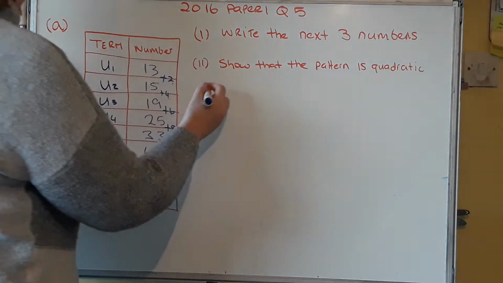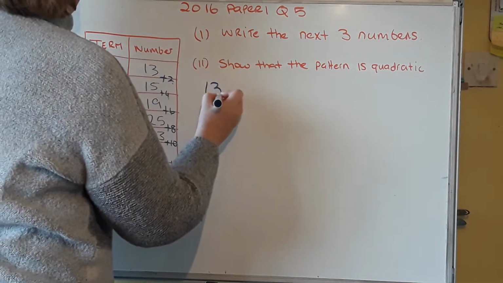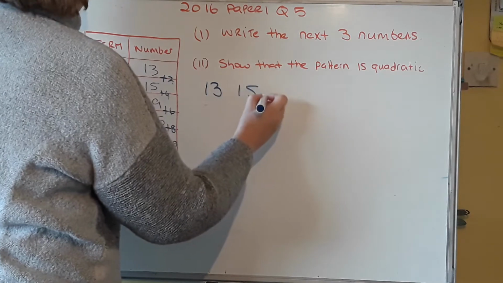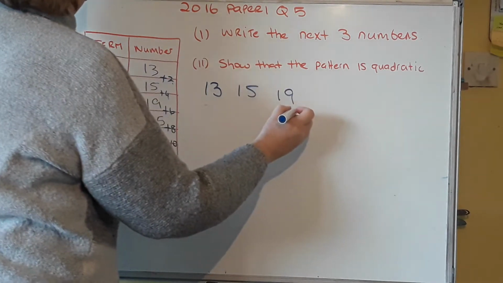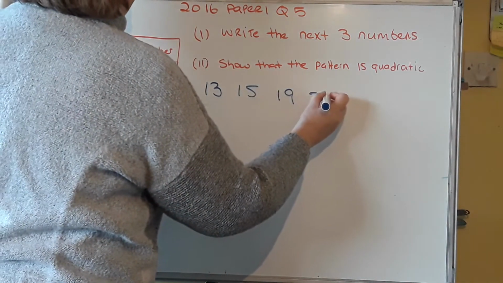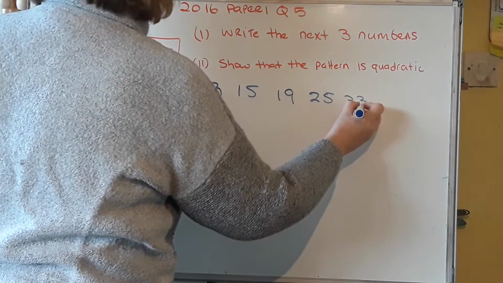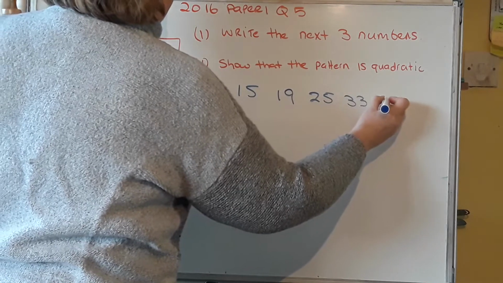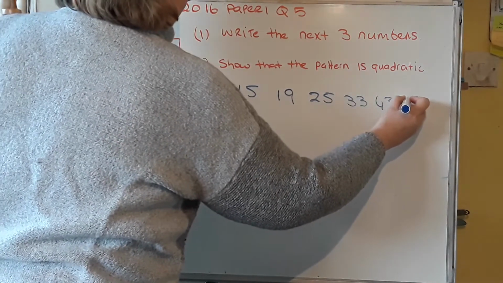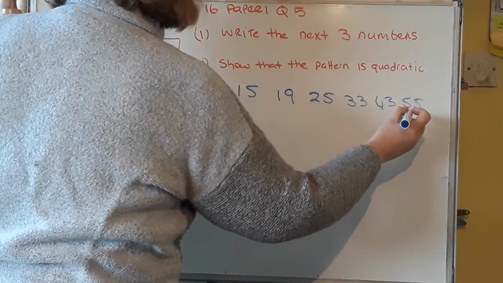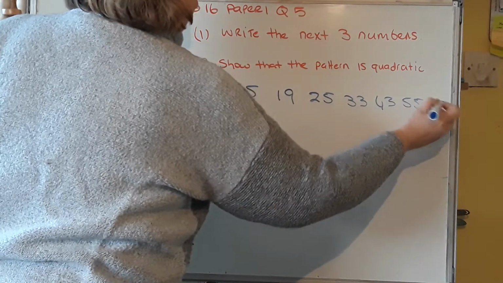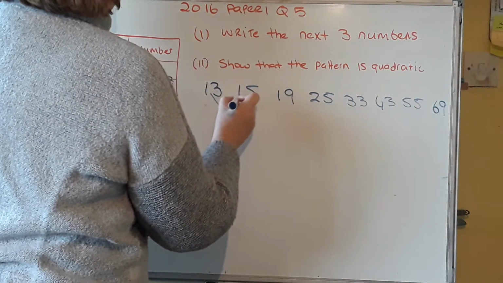So we have 13, 15, 19, 25, 33, 43, 55, and 69. So what is the difference between these?